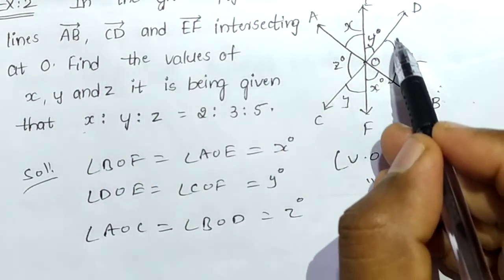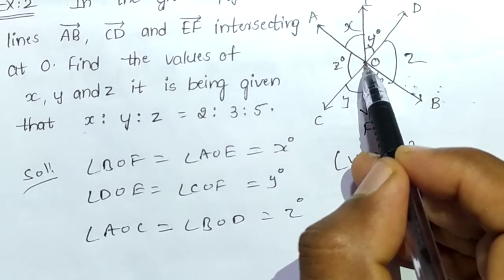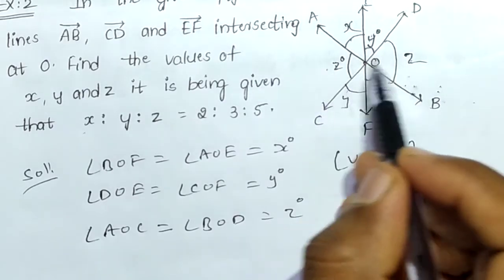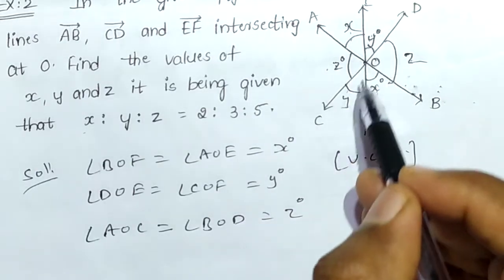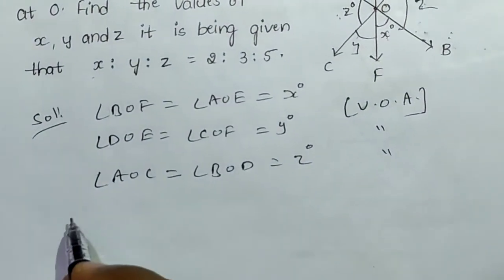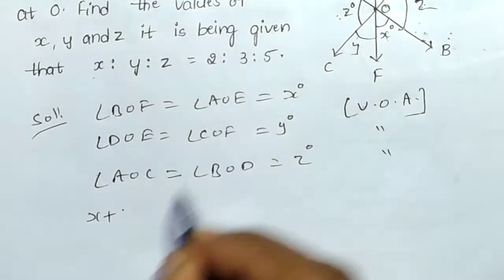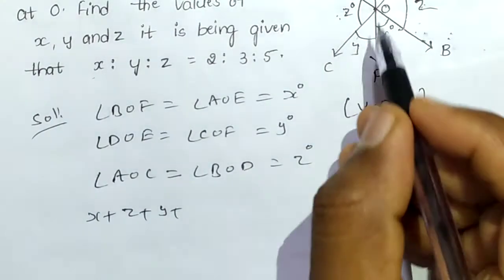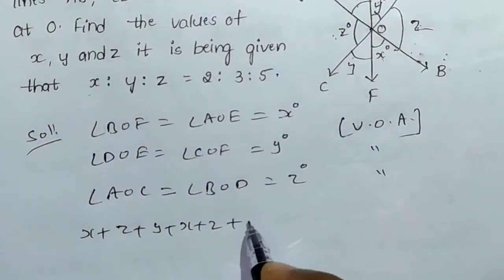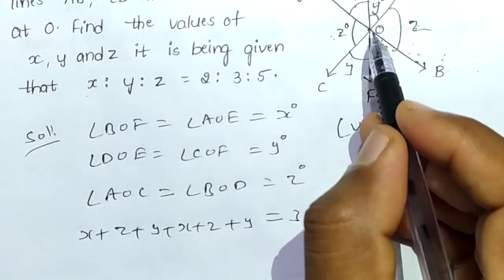So X plus Z plus Y plus X plus Z plus Y plus X plus Z plus Y, all the angles form a circle. In a circle, the angle at the center is 360 degrees.